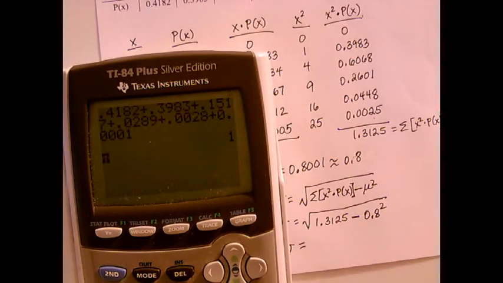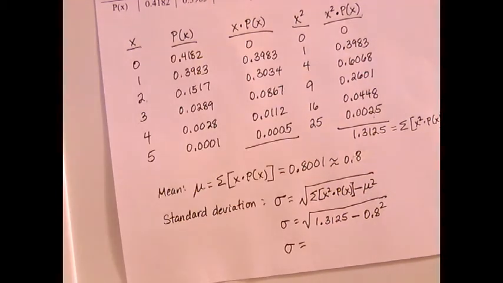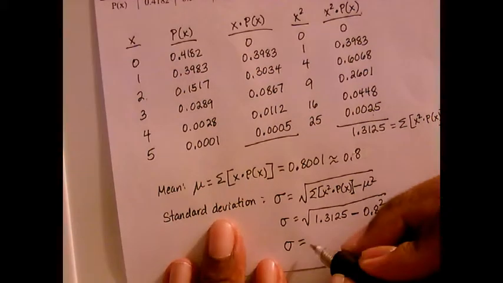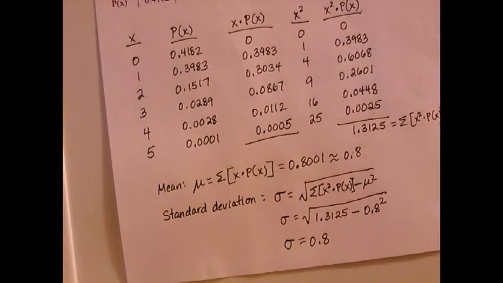So in this case, here's second x squared for the square root, and then 1.3125 minus 0.8, and then x squared for the square, and then close your parentheses, and then hit enter. Okay, to one decimal place, that will be 0.8. So that standard deviation there is 0.8.